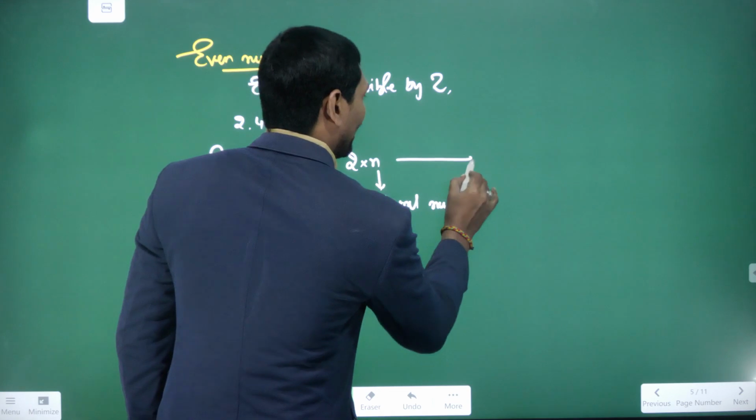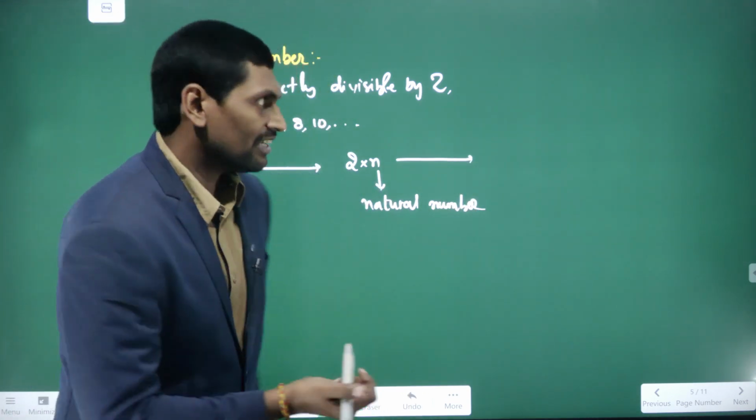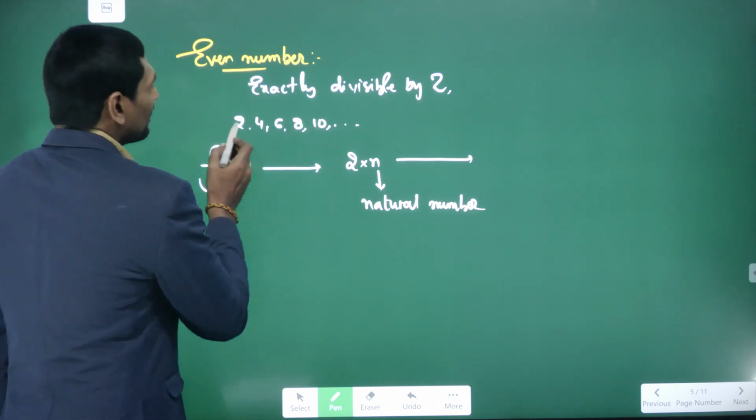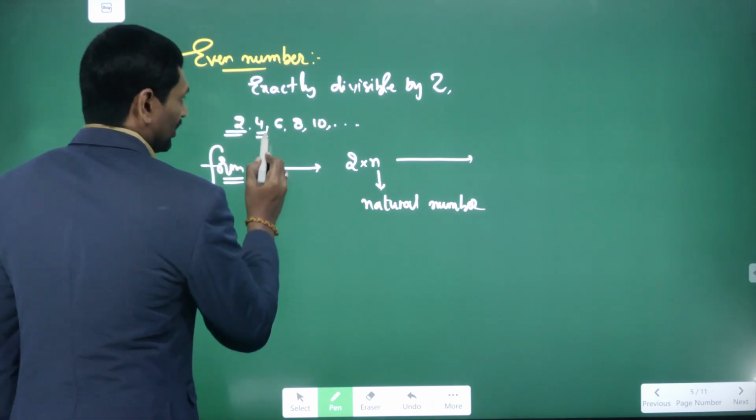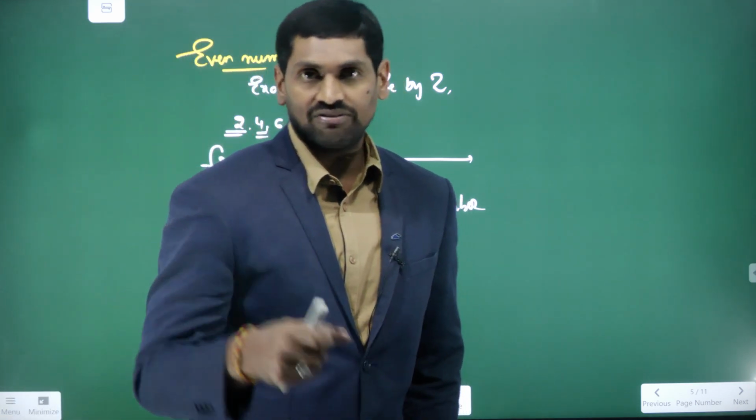For example, I want the 150th even number. According to the definition, the first even number is 2, the second even number is 4, the fourth even number is 8, like that. What is the 150th even number?